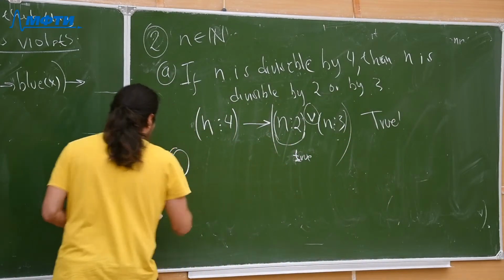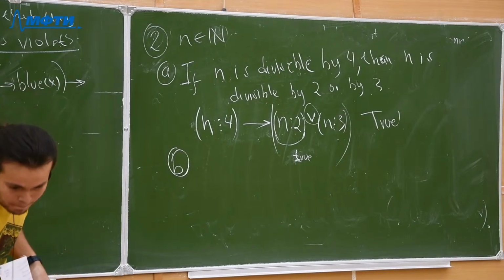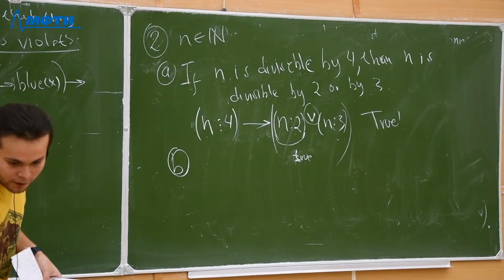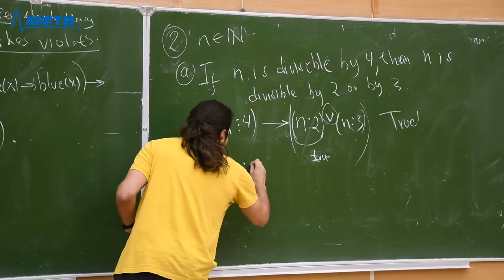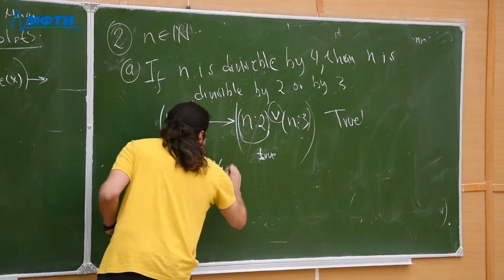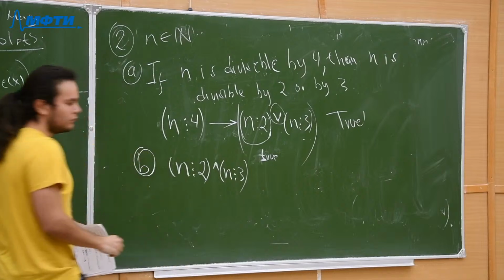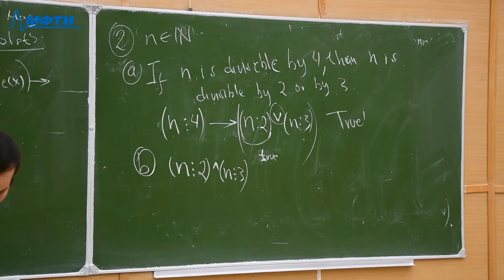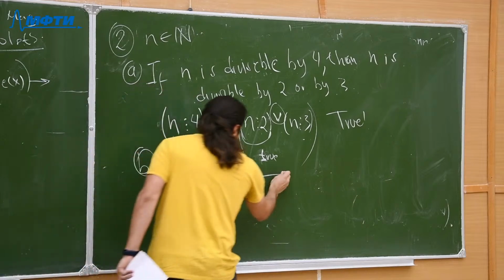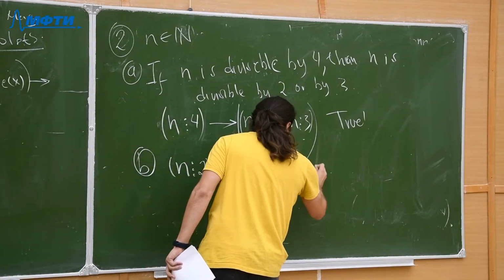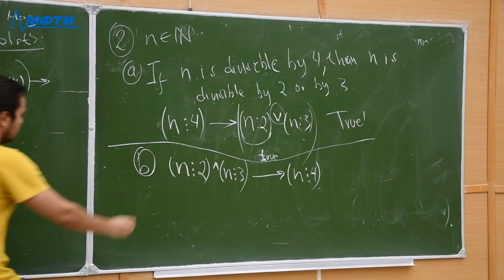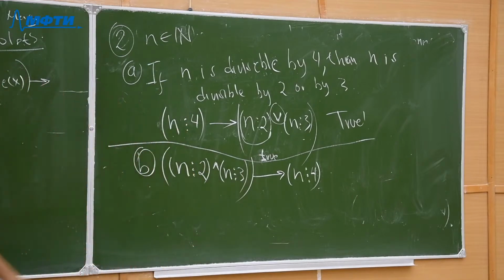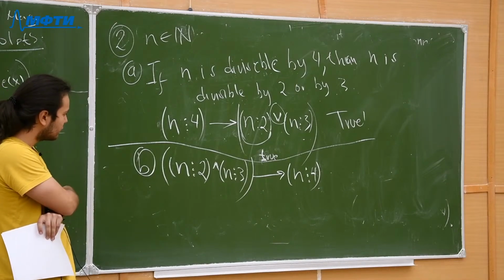B. If n is divisible by 2 and by 3, so if n is divisible by 2 and n is divisible by 3, then n is divisible by 4. Is it true or false?